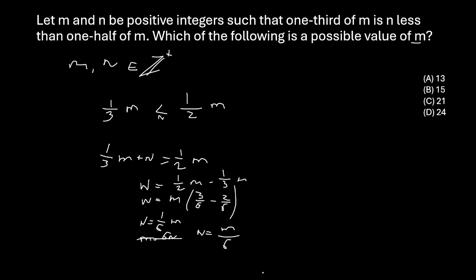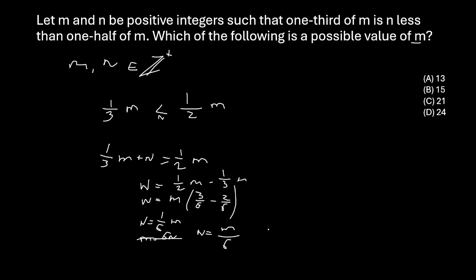n is a positive integer. So what can we divide by 6 to get positive integers? Something that is divisible by 6. There is no remainder when we divide by 6.